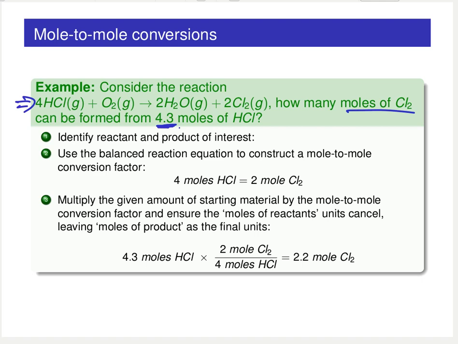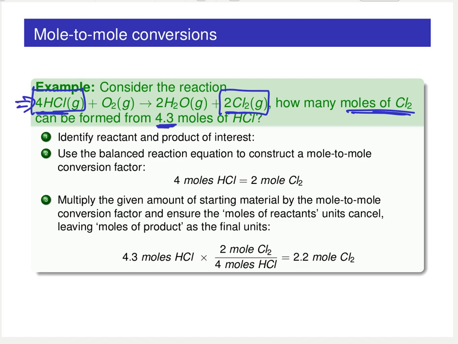So we've identified the reactant and product of interest. We're given 4.3 moles of HCl, and we want to end up in moles of Cl2. So we want to look at HCl and Cl2, and use this balanced chemical reaction equation to construct a mole-to-mole conversion factor.